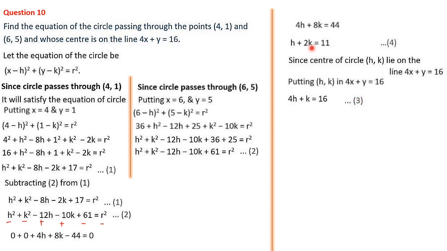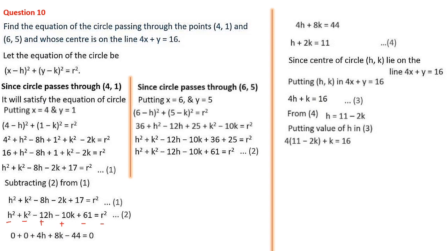Now you see here 2 variables, here also 2 variables. By using these two equations, we can find out the value of h and k. From here we can take h is equal to 11 minus 2k, bringing 2k to the right side. That means we can take that value and substitute in the third equation. We know how to solve equations; we have learned in class 10 very clearly.